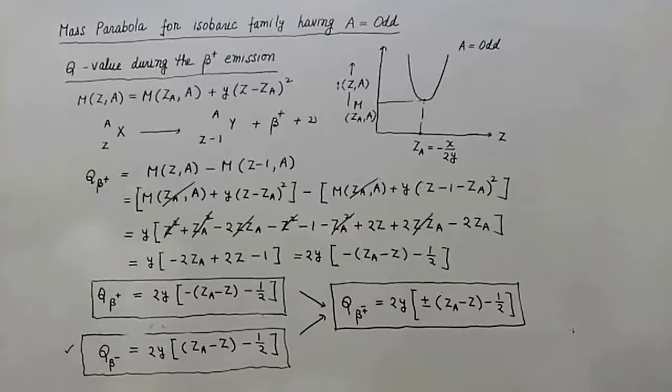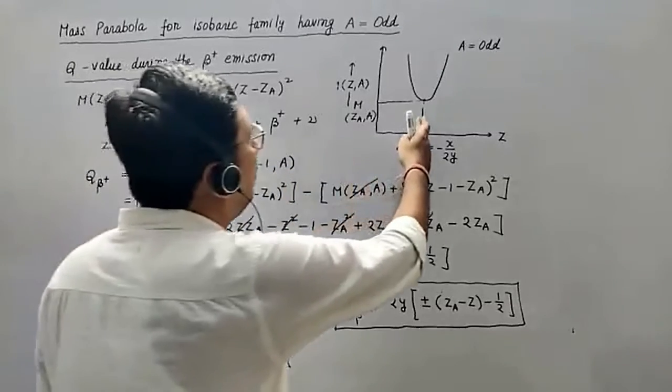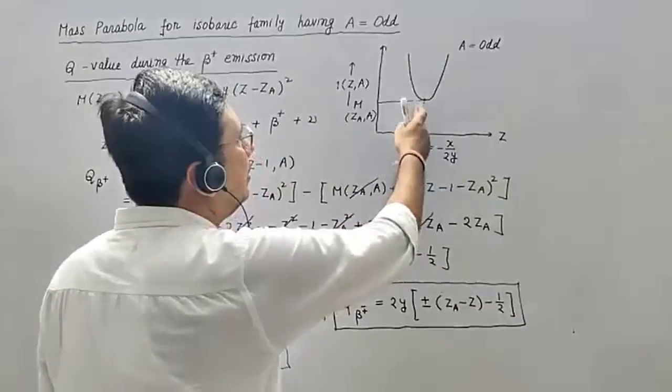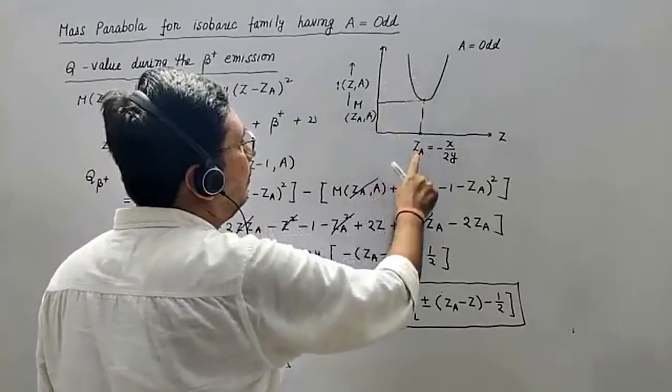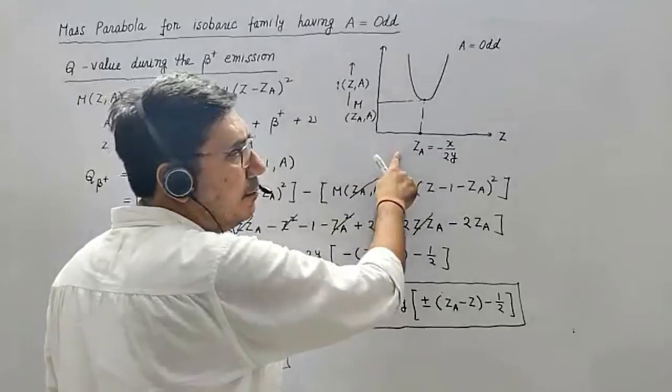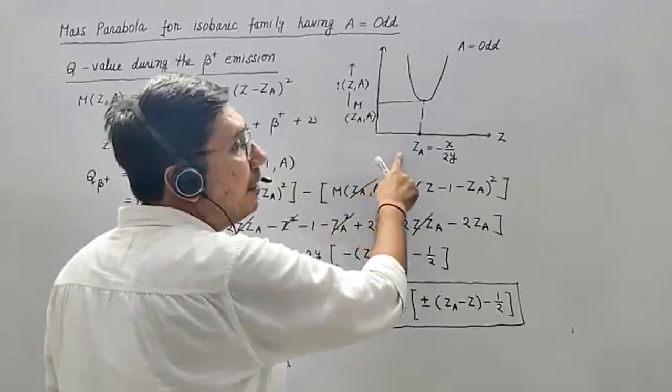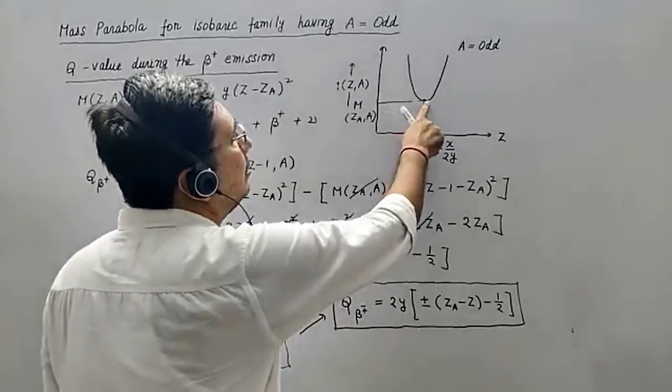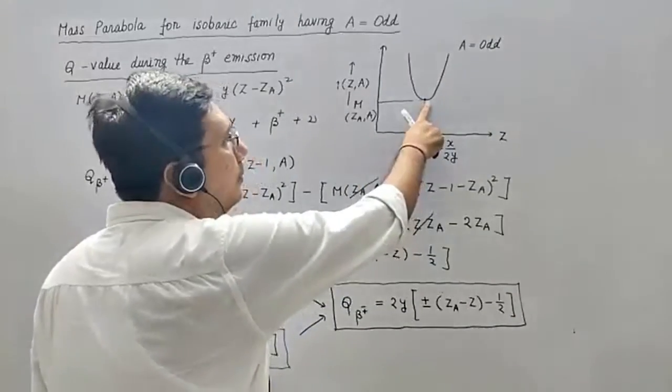I discussed the mass parabola, and on the basis of the mass parabola, we have found that all the members of this isobaric family which have Z less than ZA will emit beta minus particles to achieve the most stable nuclear configuration.